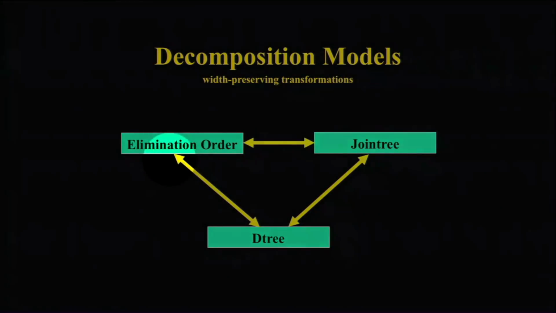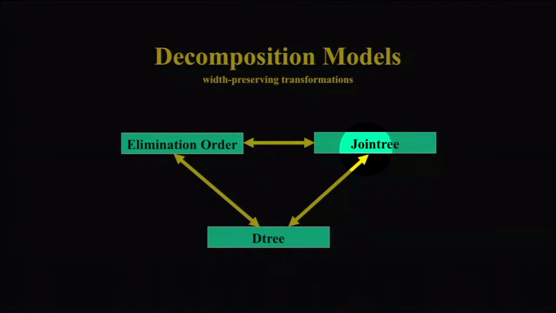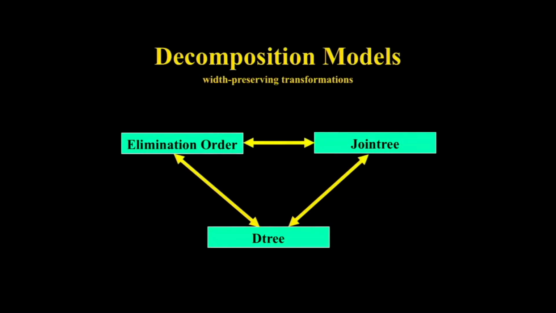And then we talked about the joint tree algorithm, which was driven by a joint tree that has a certain width, correct? And then we talked about a D tree that has width. The width of the D tree is the size of its largest cluster minus 1. What is a cluster? It's the union of the cut set and the context of a node.